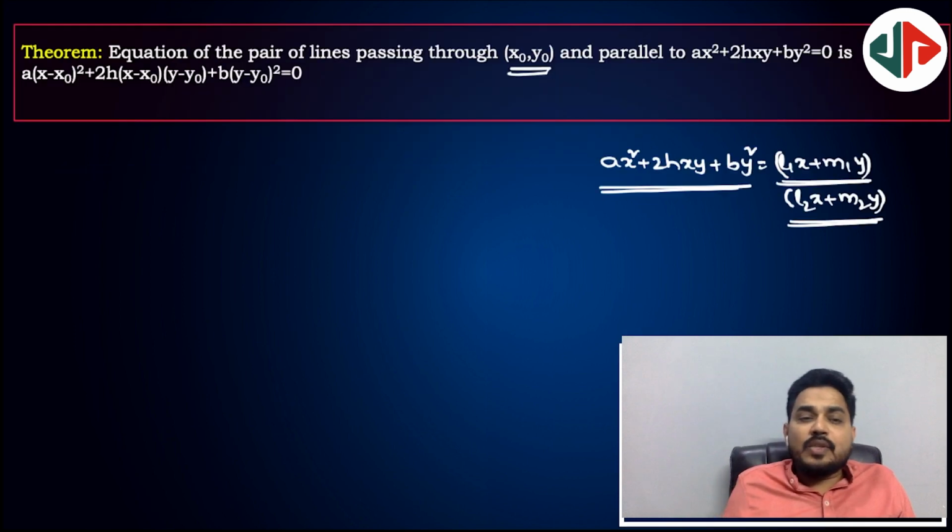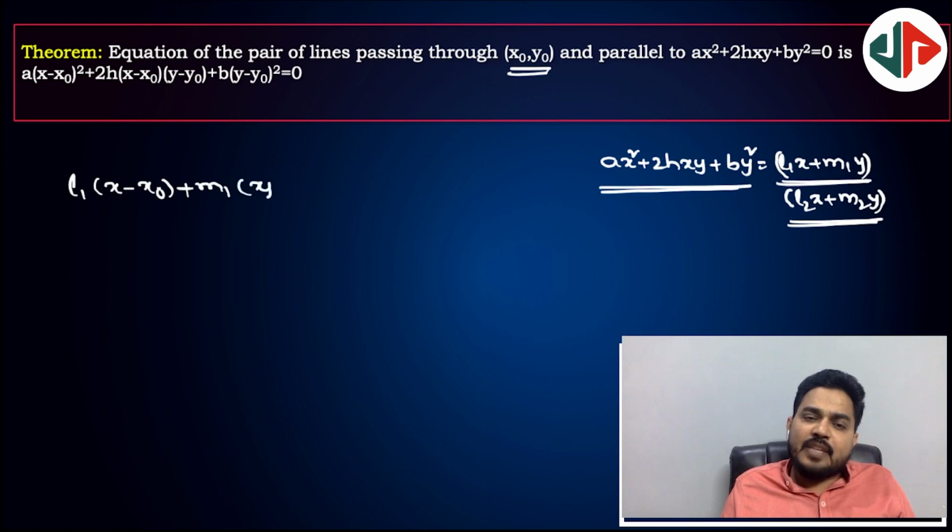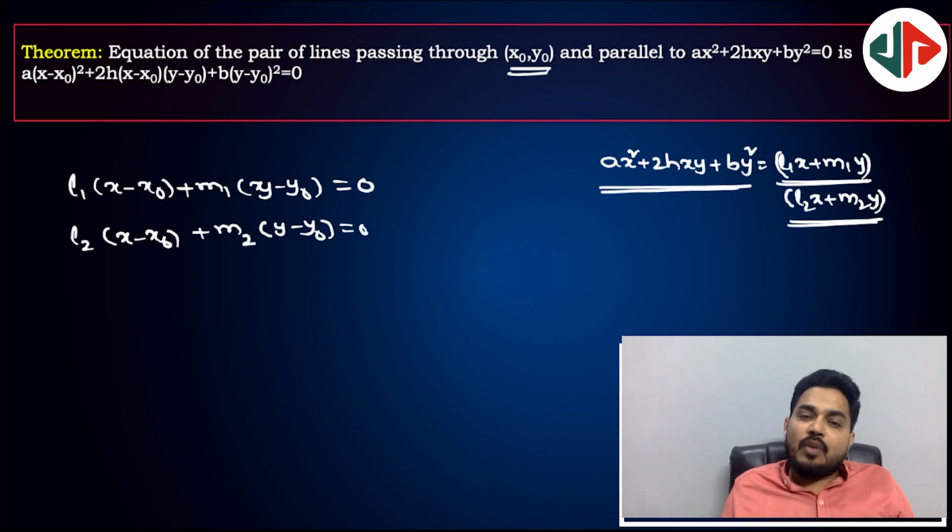So what is going to happen? That is L1 times (x minus x naught) plus M1 times (y minus y naught) is equal to 0. Similarly, the second line is L2 times (x minus x naught) plus M2 times (y minus y naught) is equal to 0. What is the product of these two lines?